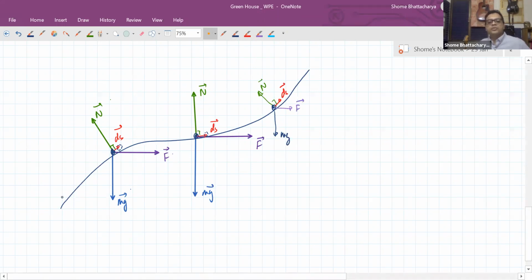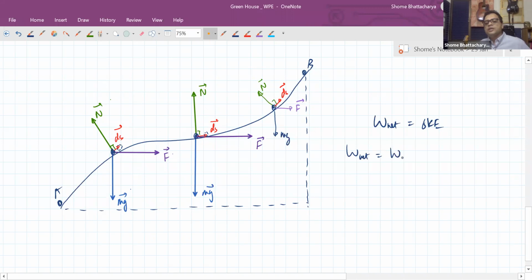So now going from A to B, the theorem we'll use is that the net work done is equal to the change in kinetic energy. So the net work done should be equal to the work done by mg plus the work done by F plus the work done by normal reaction.